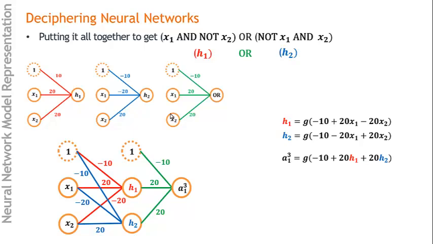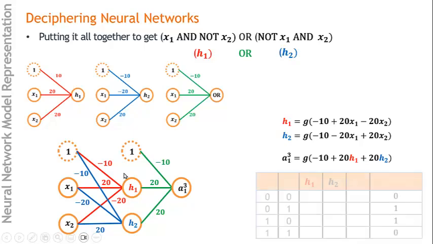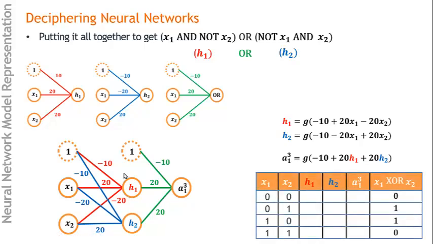And you can see the colors show you how these 3 neurons are fitting into this structure. So you can work this out, that you can get the values of H1 and H2, and then A3 is going to be a combination of H1 and H2.